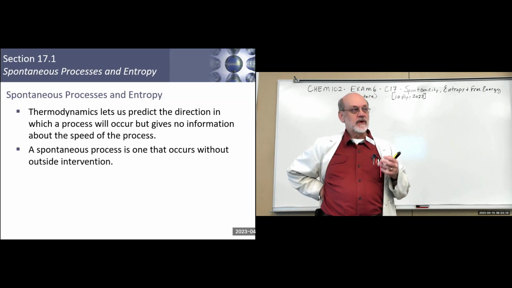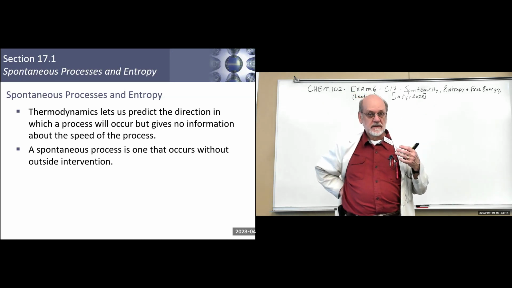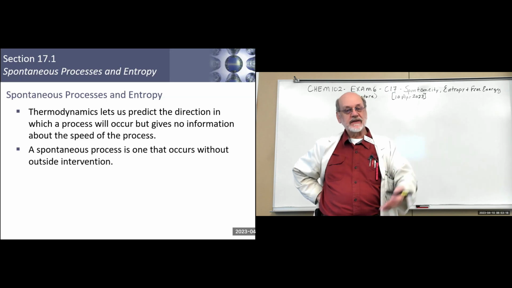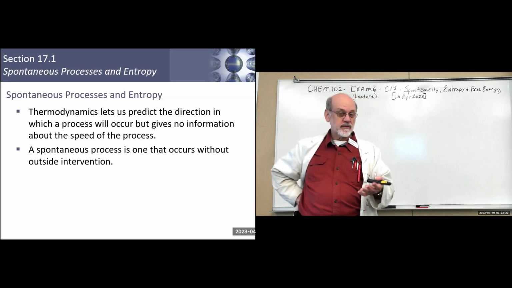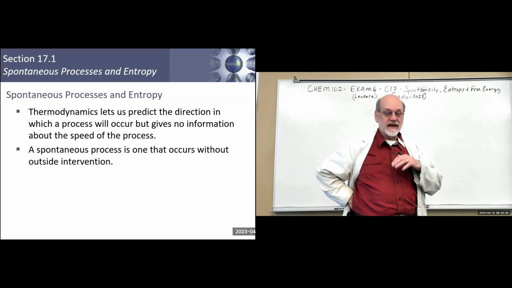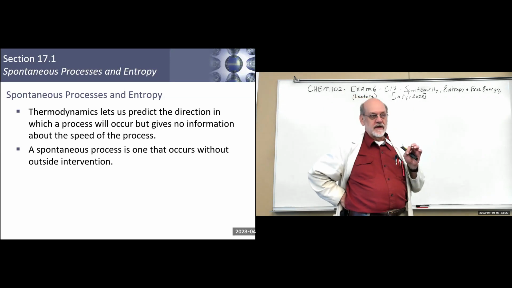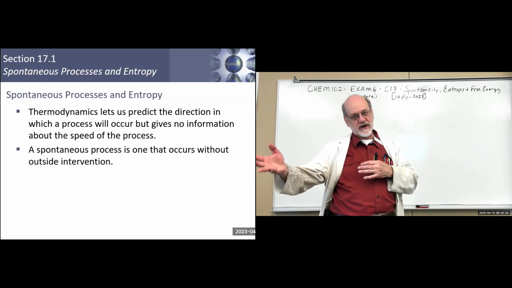But thermodynamics will allow us to predict the normal spontaneous direction of a chemical reaction. And by spontaneous, we mean a reaction that occurs without any intervention. When you put two reactants together, the spontaneous direction is the one that produces products.